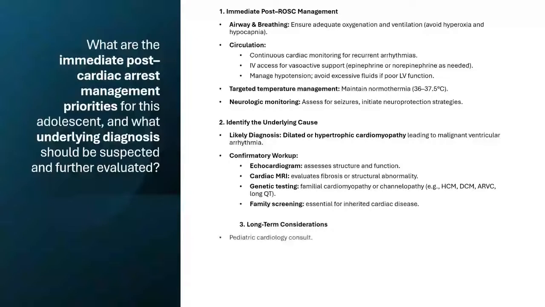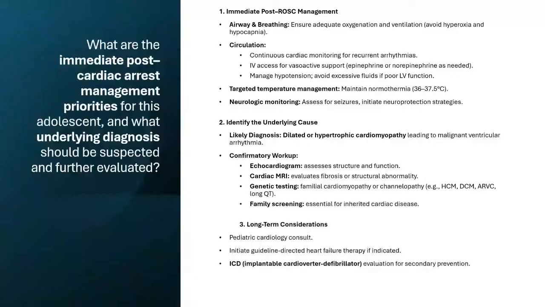And then long-term considerations are going to be a pediatric cardiology consult, guideline-directed heart failure therapy if indicated, and then possibly an ICD. Potentially activity restriction from competitive sports for these folks. And then family counseling, as always.